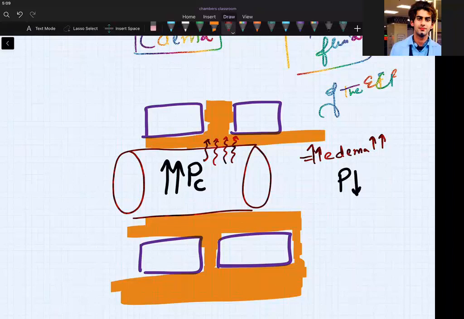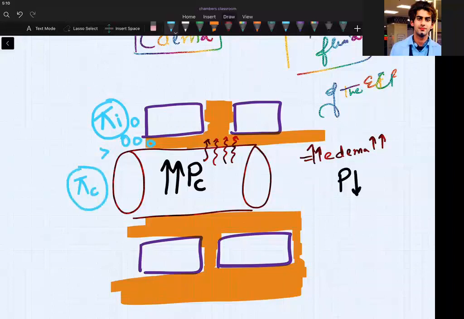I have here more amount of... for example, if the oncotic pressure, by any reason, gets high. So interstitial oncotic pressure gets high. Proteins, you have more proteins there. Then it is greater than the pi C. What do you think? Which will drag?